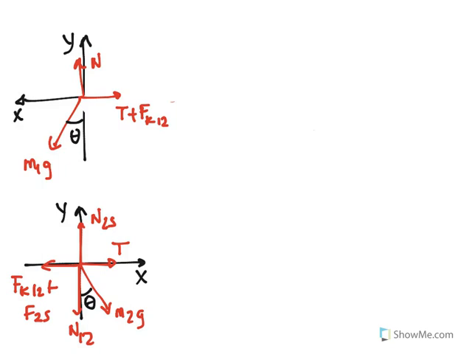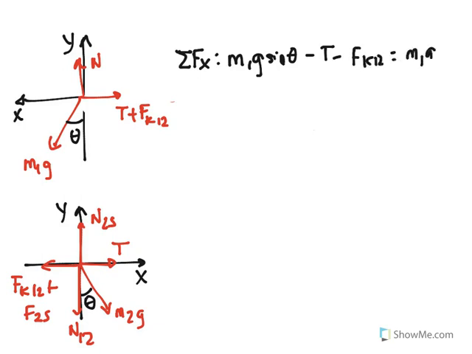Once we have generated the two free body diagrams, we can state the sum of forces in X and Y. A good free body diagram helps me see the forces which are projected in X and in Y. In the first one, when we state the sum of forces in X, we can see that the gravitational force has components X and Y. The component X is opposite to the angle theta, such that we can write mass 1 gravity sine of theta minus tension minus the friction 1, 2, and that's equal to mass 1 times acceleration.